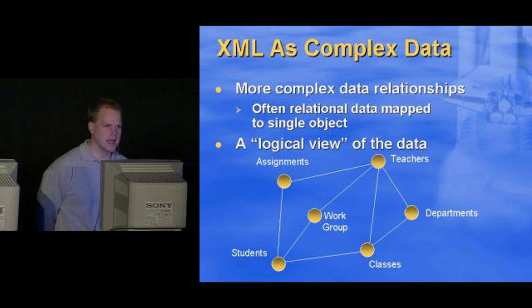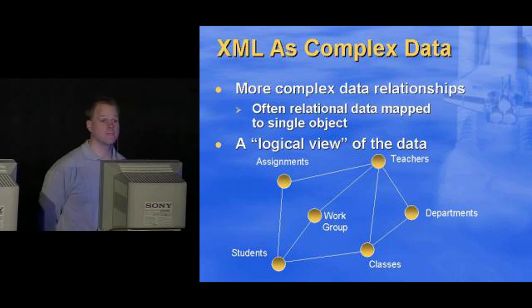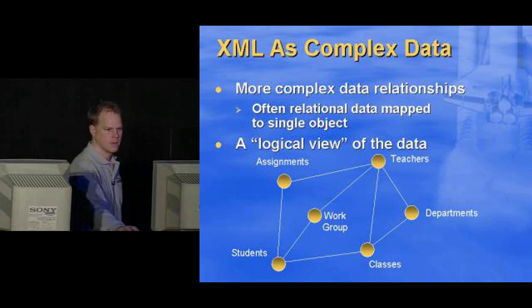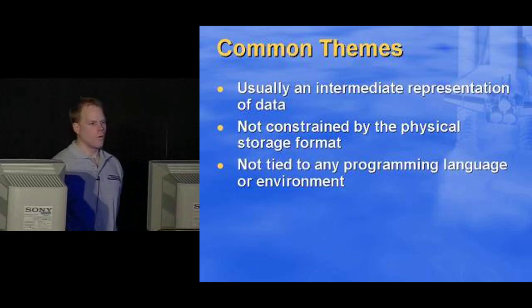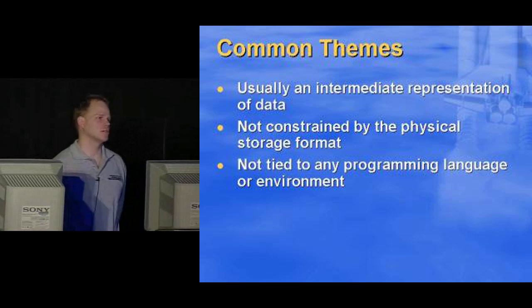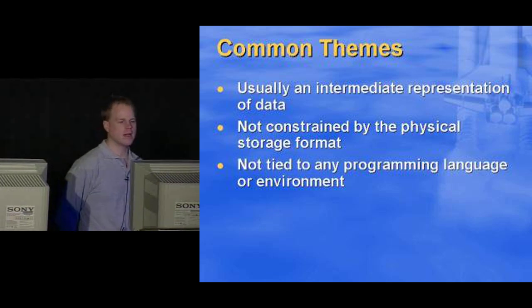I can just take XML and read it with anybody's parser on any operating system, be it Windows, Windows 2000, Unix, Apache, what have you. So the common theme that we hear from different vendors as we go along is that usually the data that's moved around is an intermediate representation.